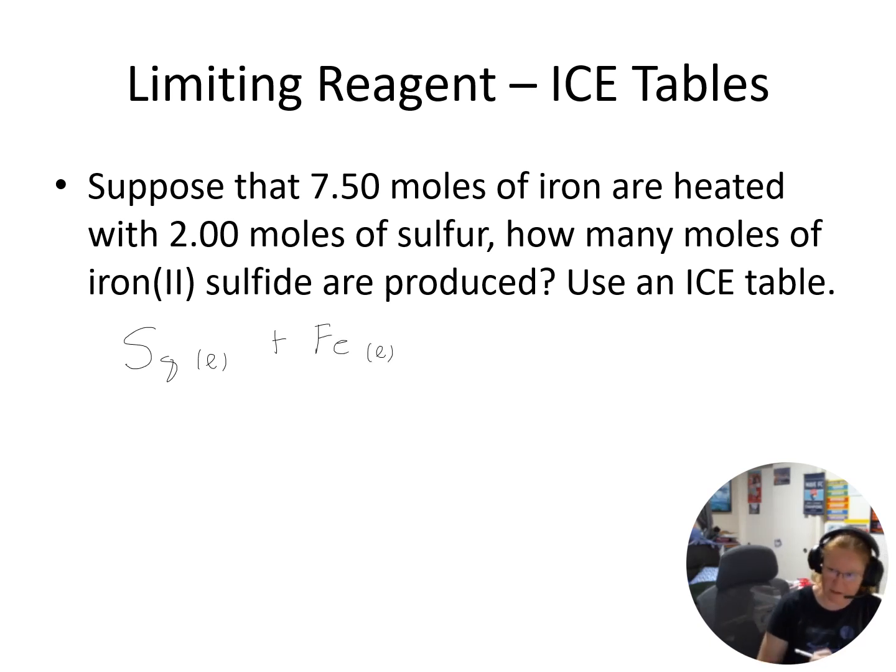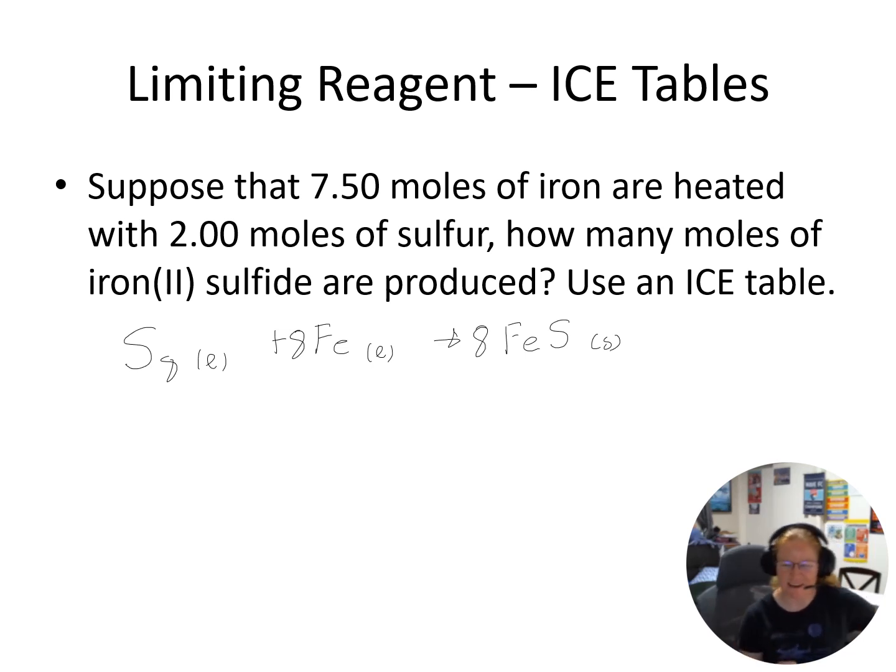Remember sulfur, S8. And then iron 2 sulfide. Okay, and so we start off with that balanced equation, all right? And then we need to build our ice table. I'm going to switch to another slide because I pre-built empty ice tables so that everything would be neat.